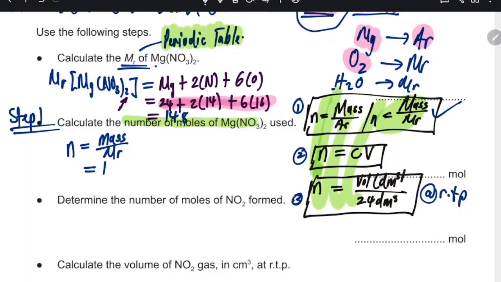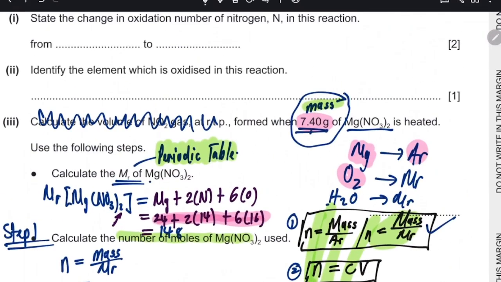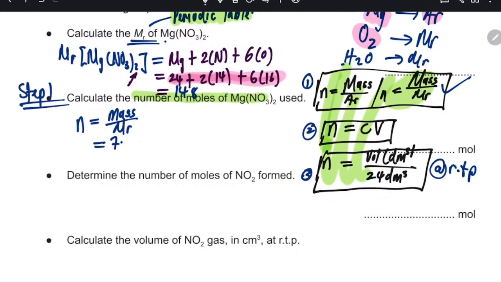What is the mass? 148 grams. Divided, sorry, that's not the mass. The mass you are given here, 7.40 grams. So you say 7.40 grams divided by MR, you have the MR, 148. MR is grams per mole. What is n? What are you going to get?